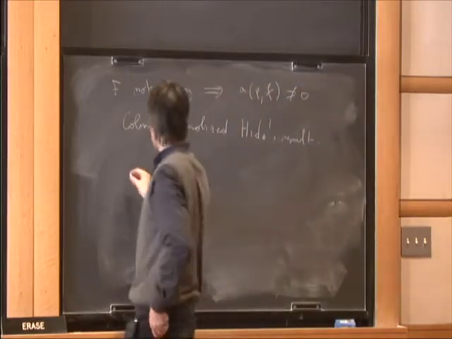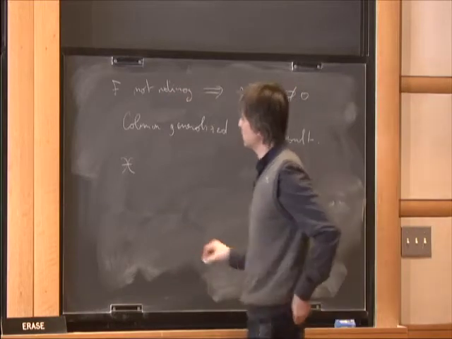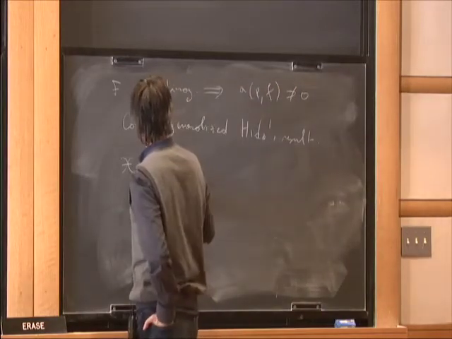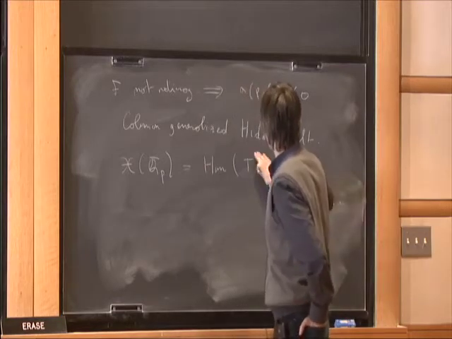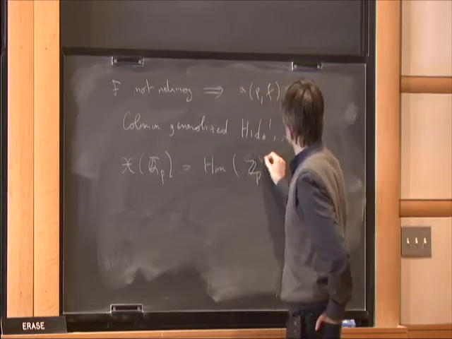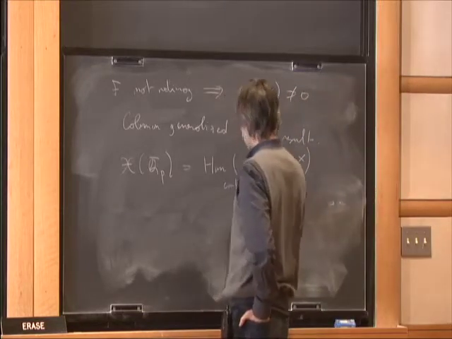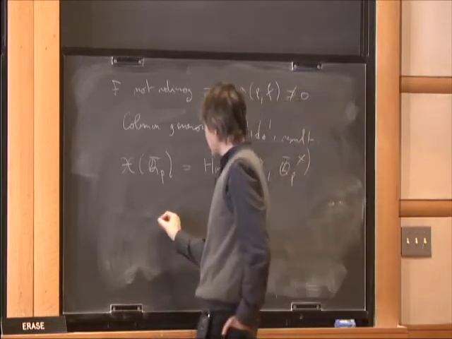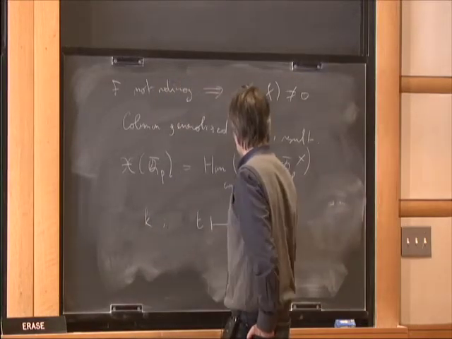One way to formulate this is to consider weight space. X is going to be a rigid analytic space such that the Q_p-bar points are the continuous homomorphisms from Z_p^x to Q_p-bar^x. In particular, a weight k is seen as t goes to t^k.